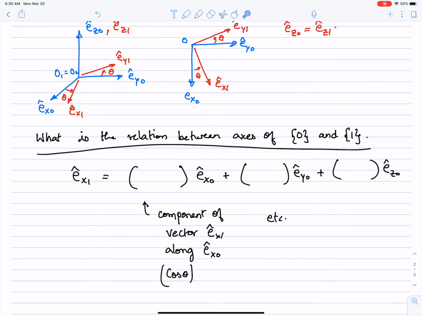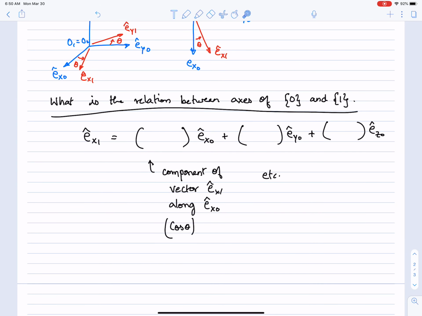Similarly, this is the component of EX1 along EY0, which is going to be sine theta or cosine 90 minus theta, or pi by 2 minus theta, depending on whether you use degrees or radians, and then this thing is just going to be 0.